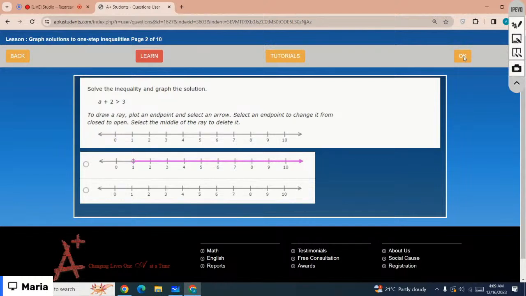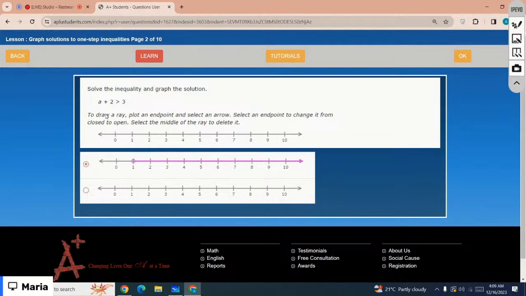Which graph is the correct one, 1 or 2? So that must be option number 1, right? Because 3 minus 2 is 1. So the solution of the inequality is a is greater than 1.